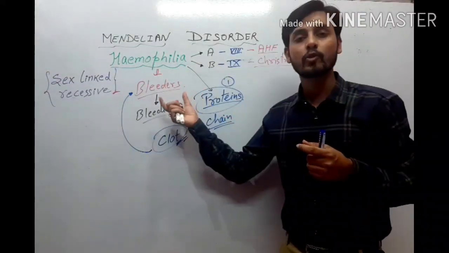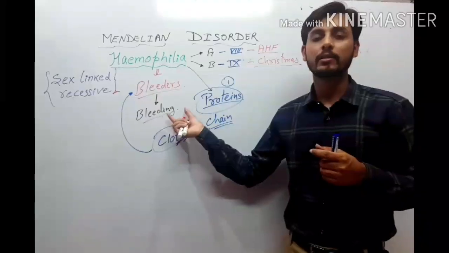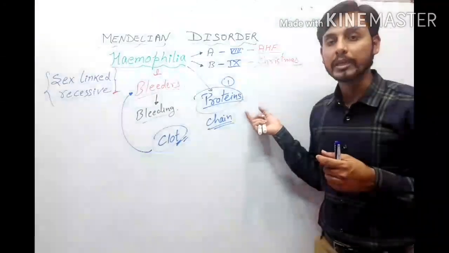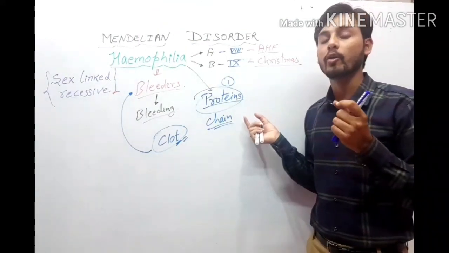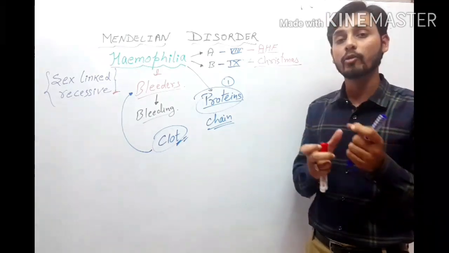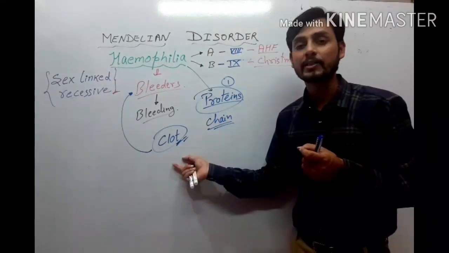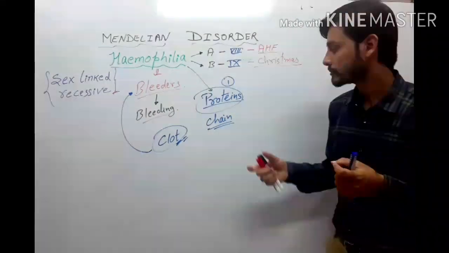The second thing is that it is also called bleeder's disease, because excess bleeding occurs. There are some proteins responsible for the clotting of blood, but because of the disorders of these protein factors, the clotting will not take place and the person will suffer from hemophilia.